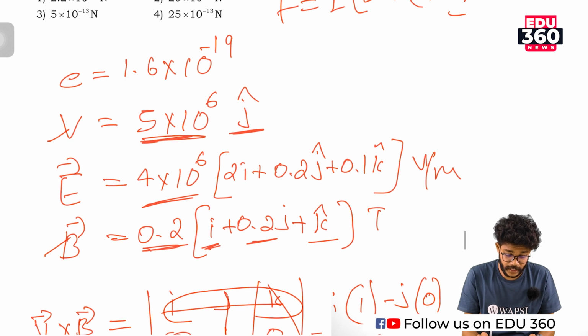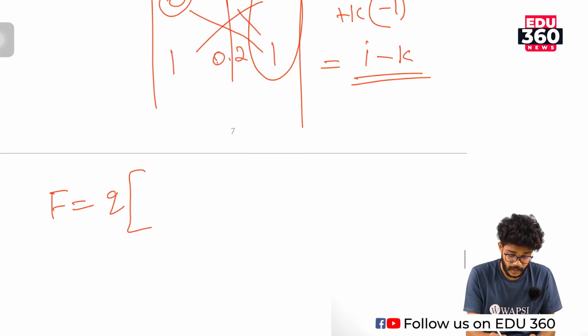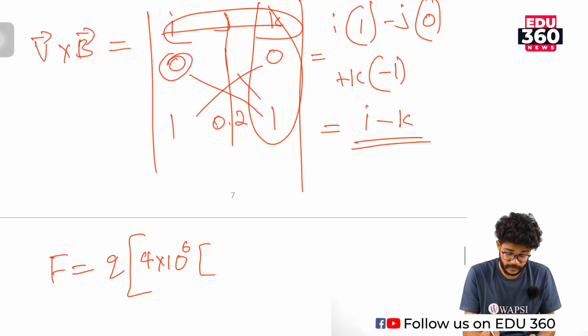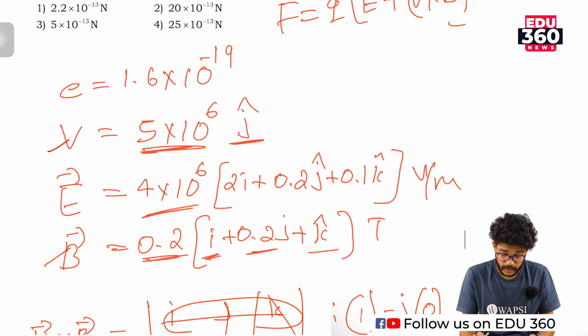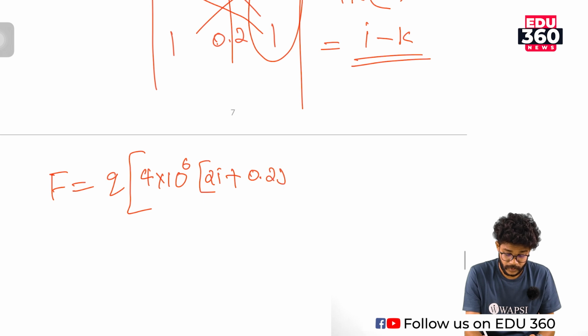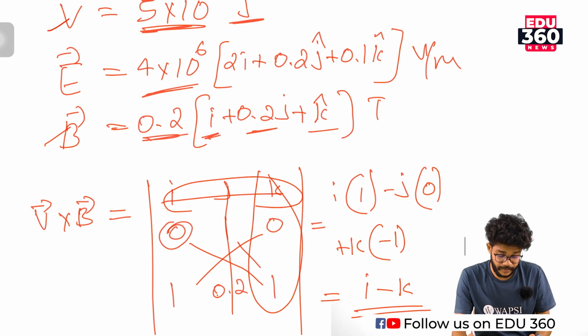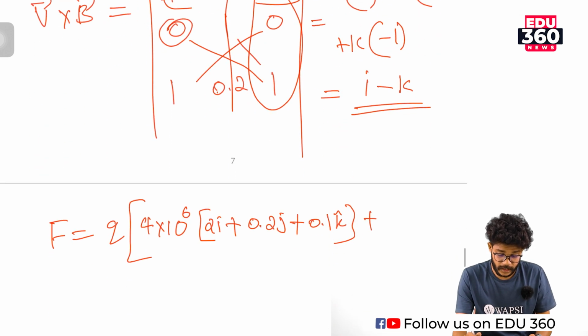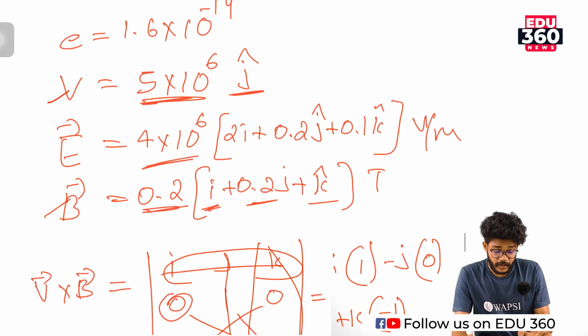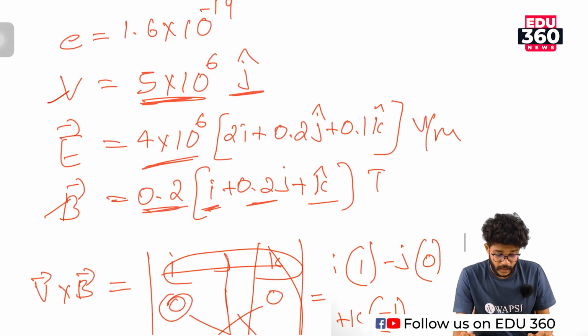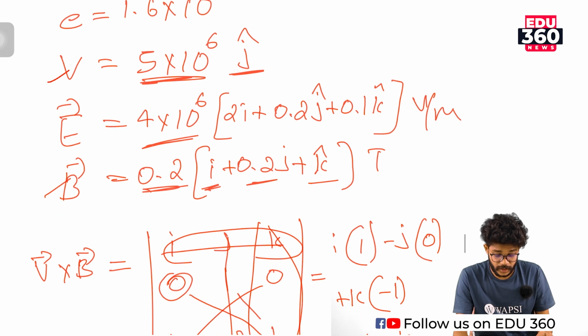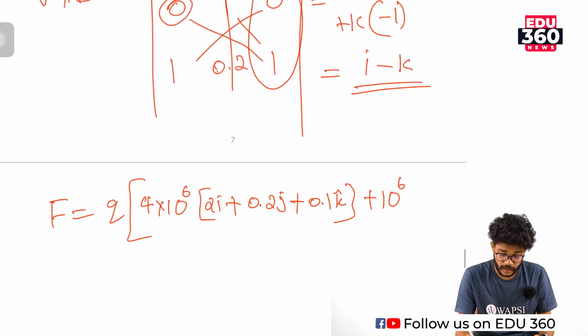Electric field is 4 into 10 raised to 6 into, the direction is 2i plus 0.2j plus 0.1k, plus V cross B. V cross B is i minus k with a magnitude of 0.2 into 5 is 1, 1 into 10 raised to 6 is 10 raised to 6. So 10 raised to 6 into i minus k.